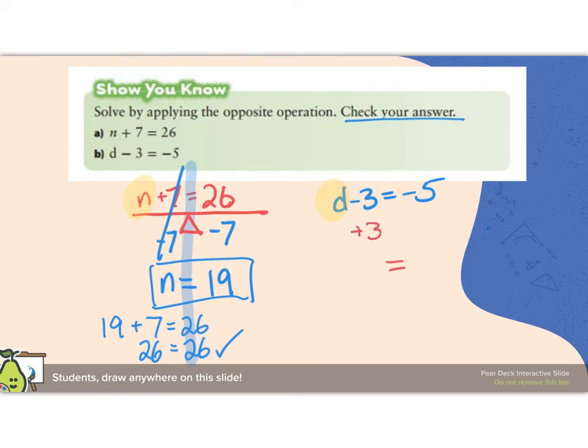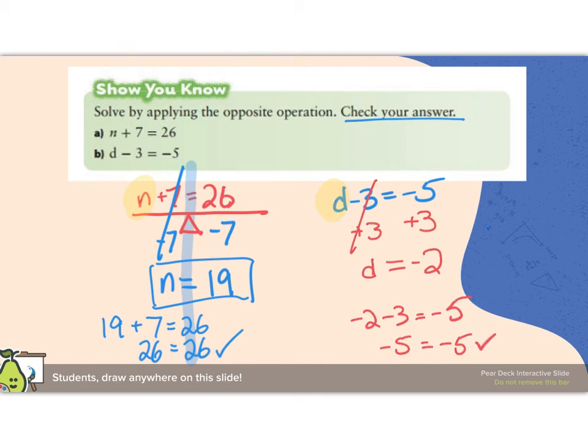If I take away 3 and add 3, that's a 0, so it's gone. But as soon as I do it to the left side, I have to do it to the right-hand side. So now if I take a look at the left, it's just a d by itself, and that equals negative 2. To double check my answer, I'm going to plug it back in. So negative 2 minus 3 equals negative 5. Negative 5 equals negative 5.